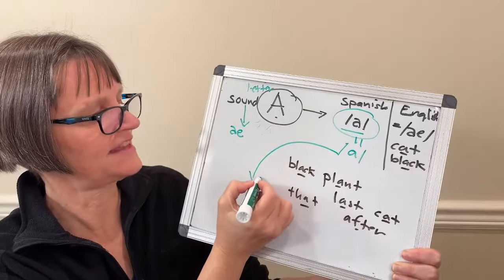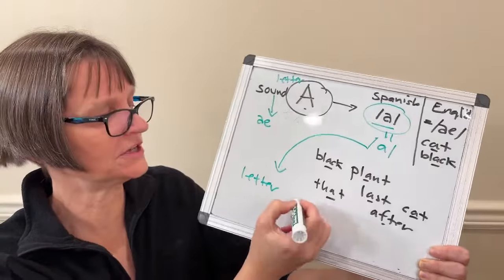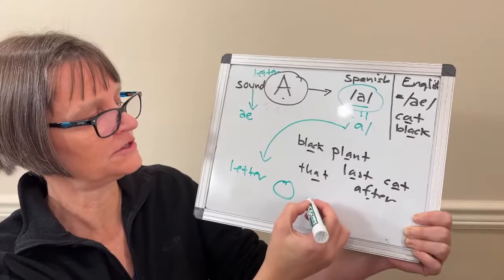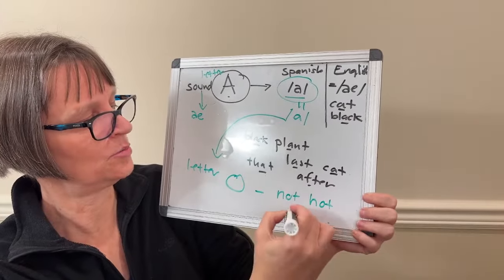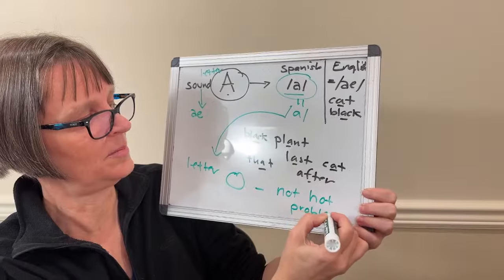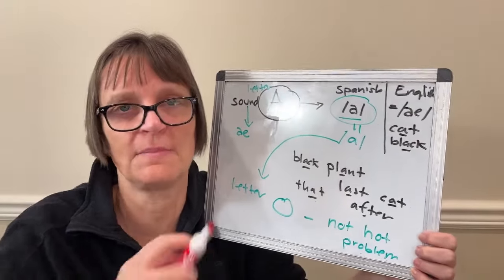The letter in English is going to be letter O. So you're going to see words like not, hot, problem, and because, again, here in Spanish, you see O, you think O, you might be mispronouncing these.